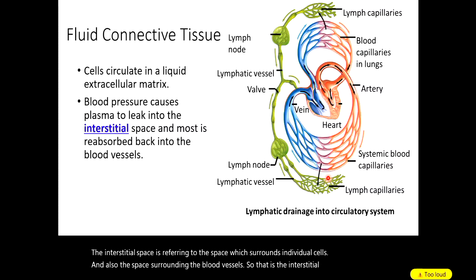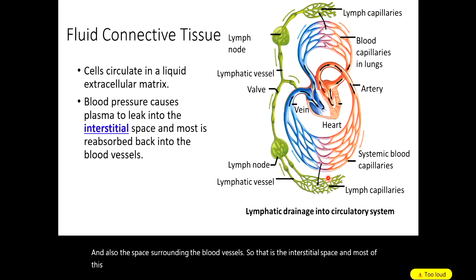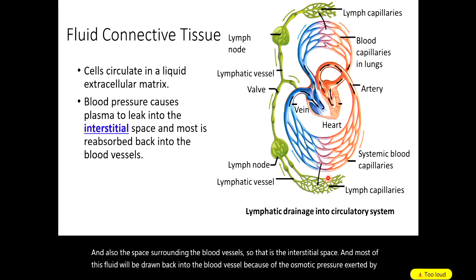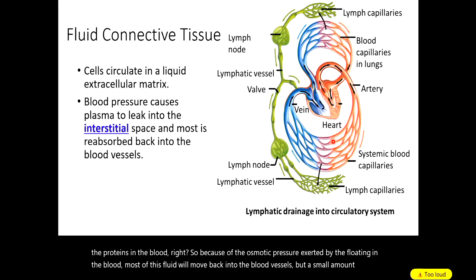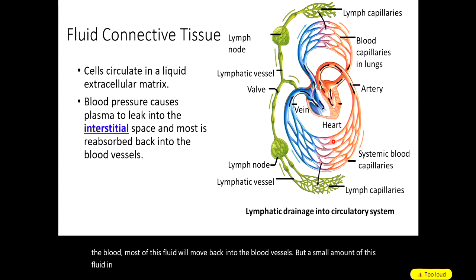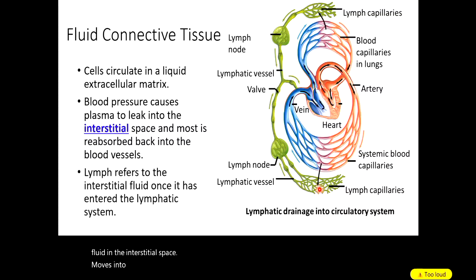And most of this fluid will be drawn back into the blood vessel because of the osmotic pressure exerted by the proteins in the blood, right? But a small amount of this fluid in the interstitial space moves into the lymphatic vessels.